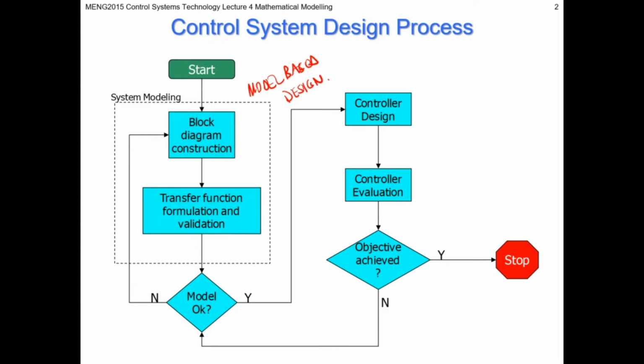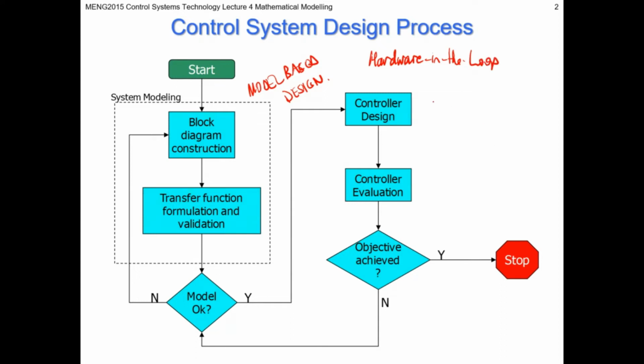In fact, in industry, it's very common to use model-based design. So you have your plant modeled and your controller modeled, and when you've got a reasonable design for your controller, you might actually use what's called hardware in the loop.